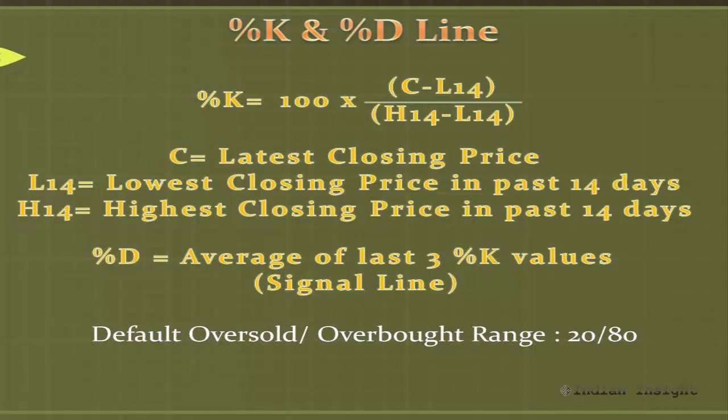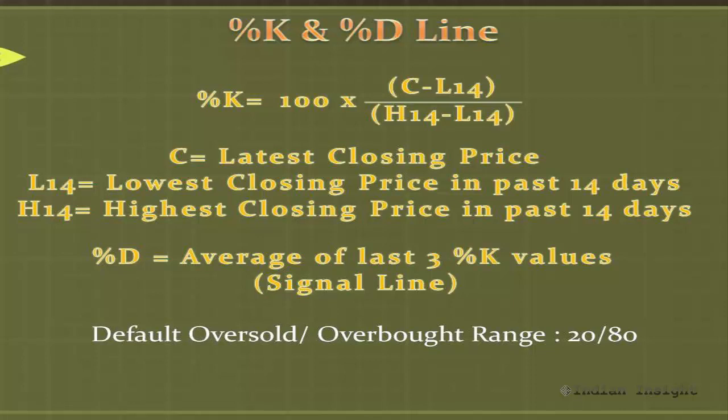You can think about the %D line as a long-term average line, which has to be seen in conjunction with the short-term %K line. This is because the %D line is just the average of the three %K values. Hence, the %D line is the slower moving line or the smoother line.